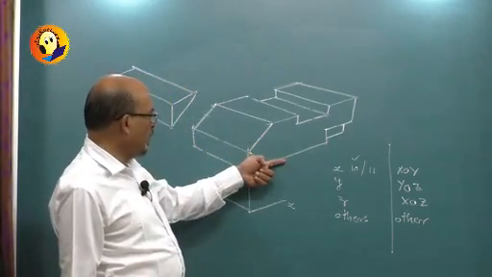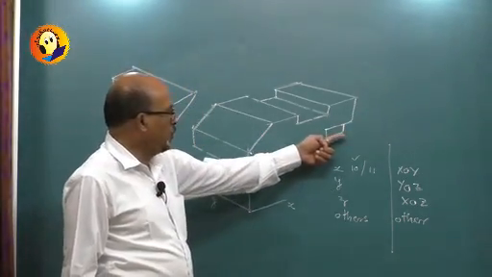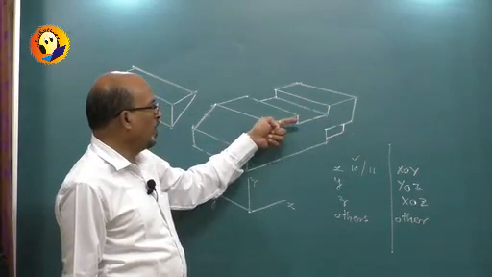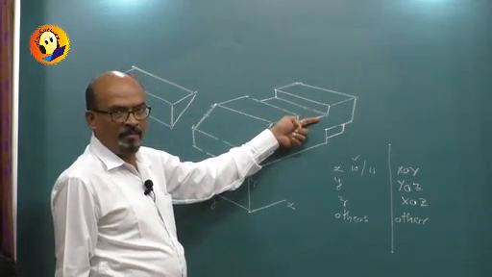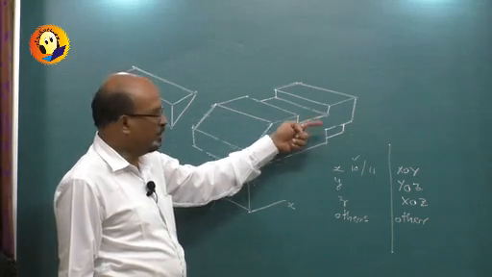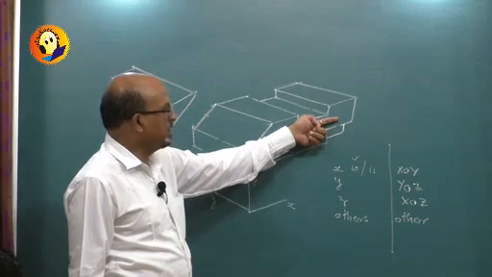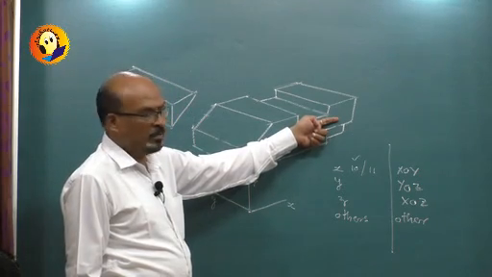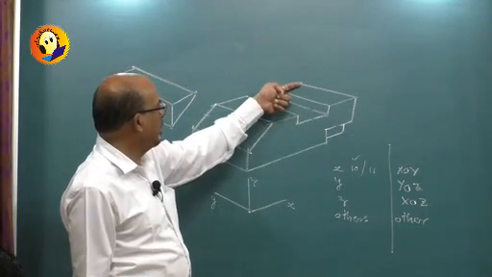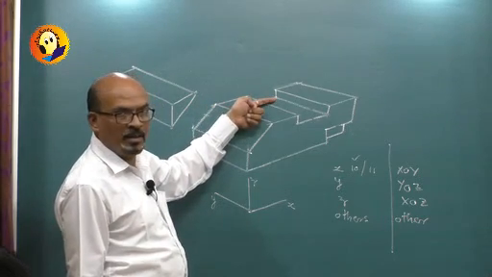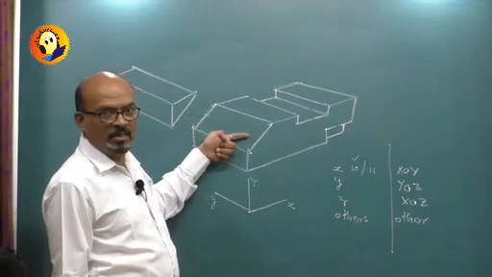Parallel to x. 1, 2, 3, 4, 5. Right? 6, 7, 8, 9, 10, 11.